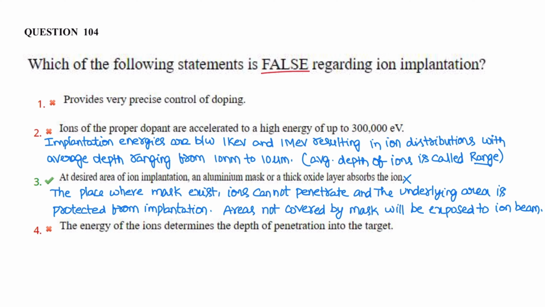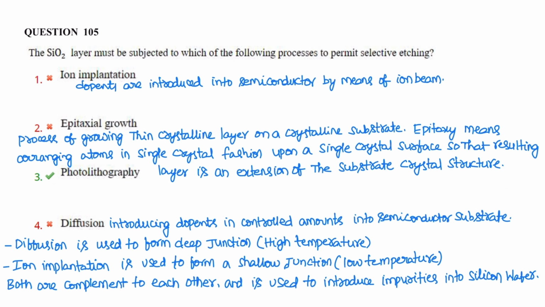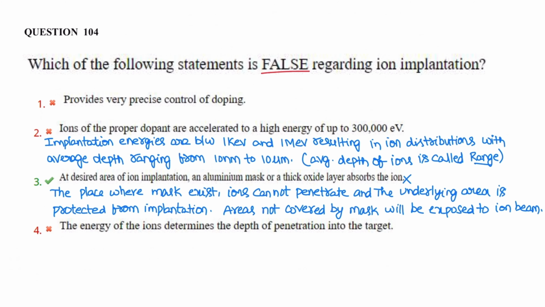The energy of the ion determines the depth of penetration into the target. The statement is true. Ions of the proper dopant are accelerated to a high energy up to 3 into 10 power 6 electron volts. That statement is correct.